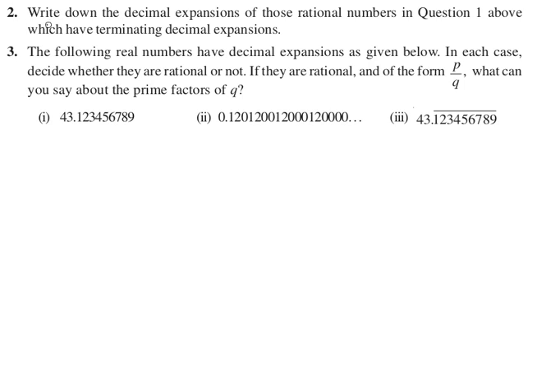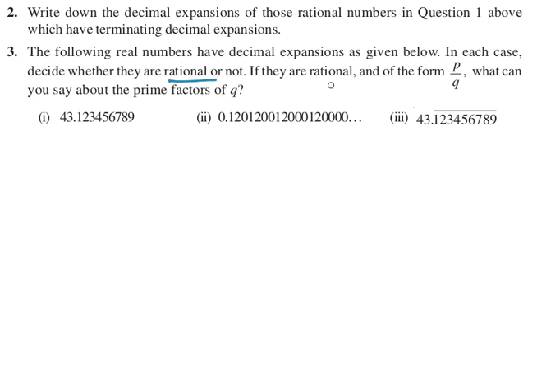Next, write down the decimal expansion of those numbers that we have done already. Third question: the following real numbers have decimal expansions as given below. We have decimal expansions, isn't it? In each case, decide whether they are rational numbers or not.